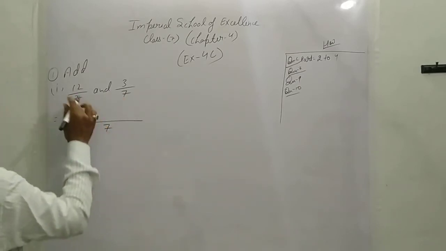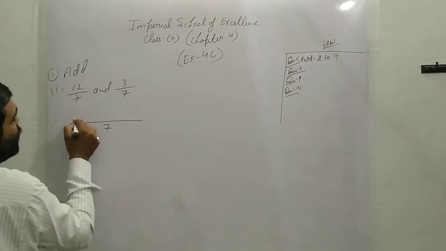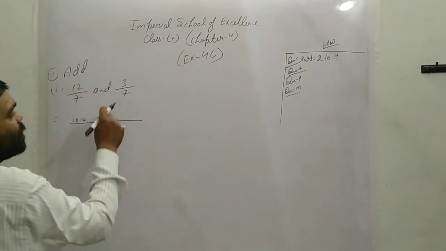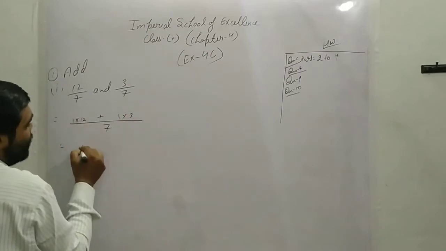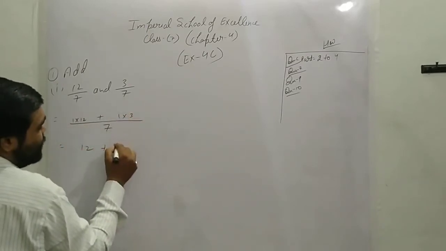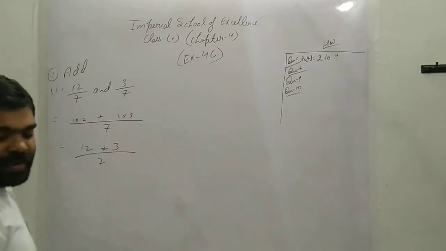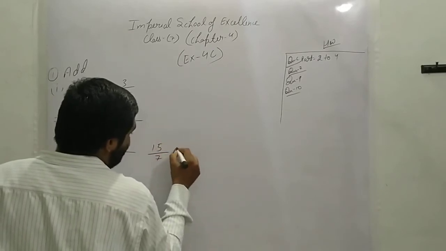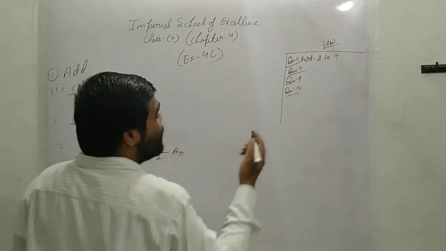Now 7 divided by 7 is 1, 1 into 12, plus, because we have to add, so we put a plus sign here. 7 into 7 is 1, 1 into 3. 12 and 3 upon 7. 12 plus 3 equals 15. 15 upon 7 is your answer. Okay, this one.